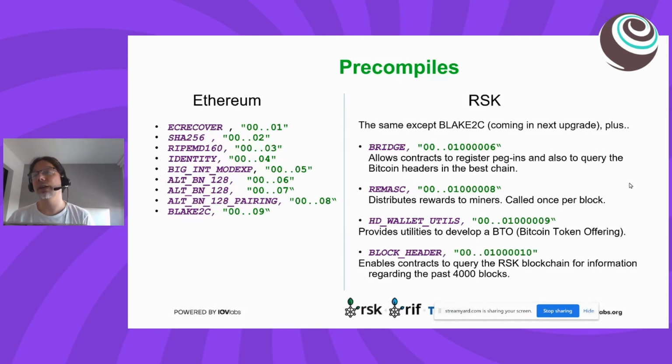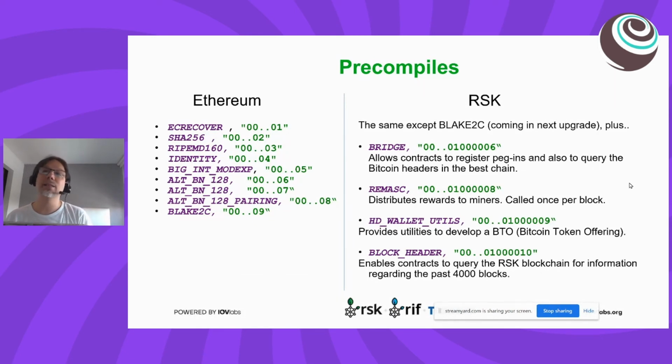One of the contracts is, of course, the bridge, which allows you to send money directly to Bitcoin addresses. You just talk with the bridge, and you can inform that a Bitcoin transaction has happened, a pegging transaction has happened in Bitcoin, and do the pegging in RSK, or the opposite. You can send Bitcoins to the Bitcoin network.